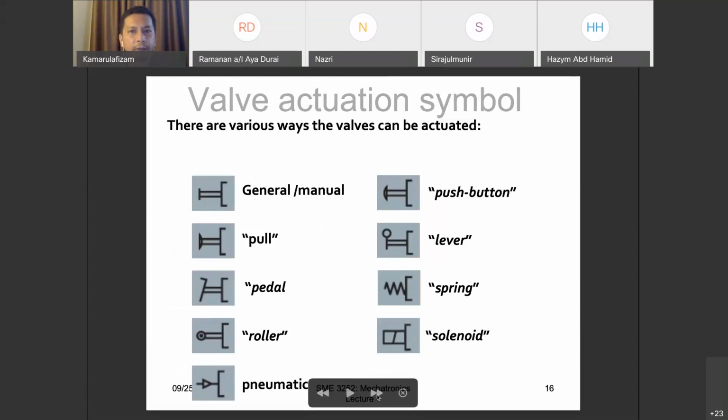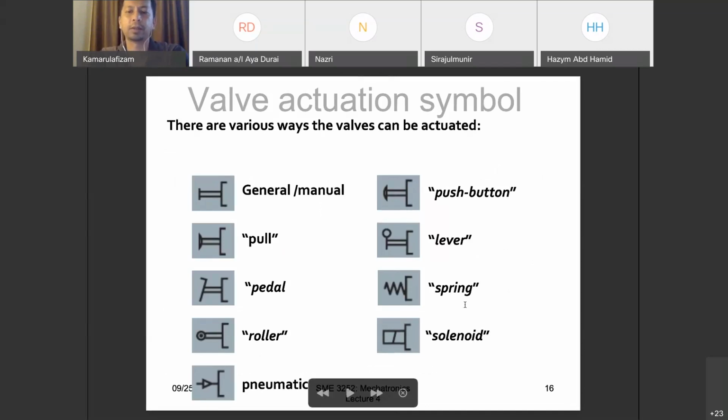This is valve actuation symbol yang kita guna untuk ni lah, untuk actuate the valve. Is it jenis tarik ke, jenis pedal ke, jenis roller ke, jenis pneumatic ke, jenis push button, lever, spring, solenoid. So because valve ni basically dia buka tutup saja kerja dia, tapi mekanisme apa yang bantu dia buka tutup? Adakah dia spring loaded?